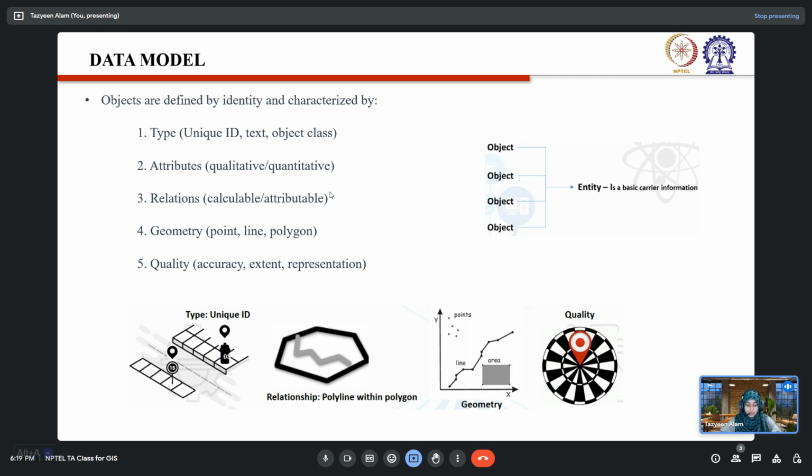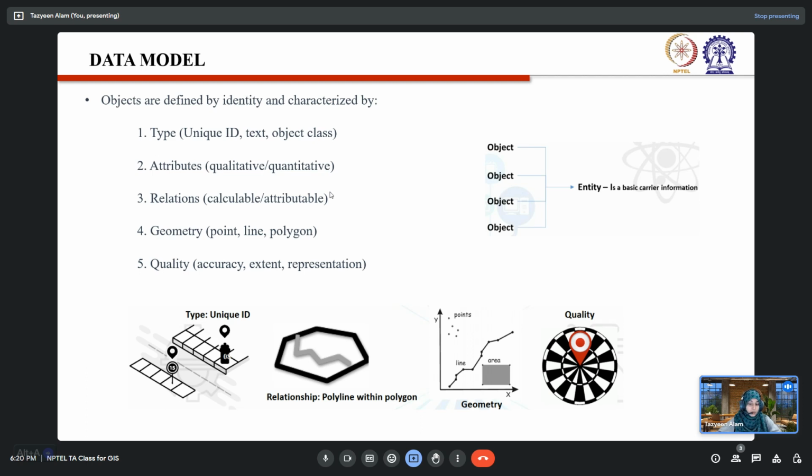So we have the perimeter of our ponds, we also have the area of our ponds, we have the depth of the pond. So what we can do from this data is that when we are talking about relations, we can actually calculate that out of these 16 ponds, how many ponds are having area more than, let's say, 25 square meters. This is just an assumption.